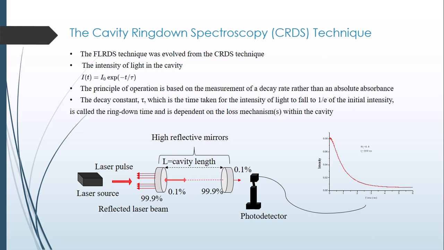When we look at this slide, when we send a laser pulse, this pulse is trapped in the highly reflective mirrors until it dies off. A small signal goes to the photodetector each time. Each time we get lower intensity, and then we create the ringdown time signal.